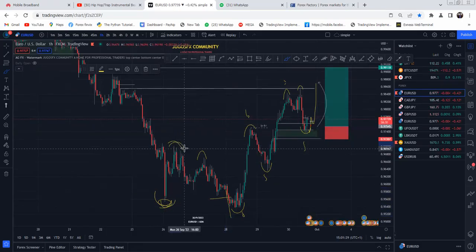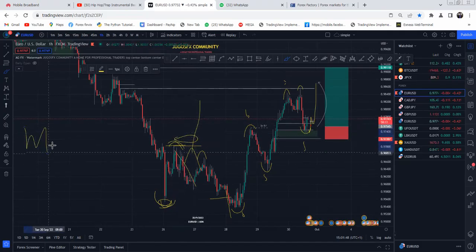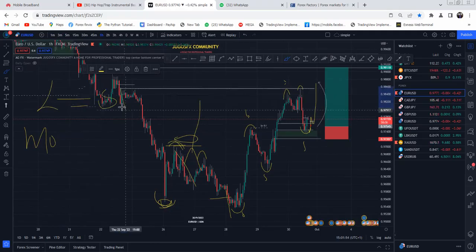Okay, and then above here you have stop losses of people that are selling and buy stops of people that want the market to go up, and then sell limits for those who want price to go up and then sell. So all around this area, what is sitting here is called money, which is liquidity. All right, liquidity is equal to stops, and where you have stops is equal to money.